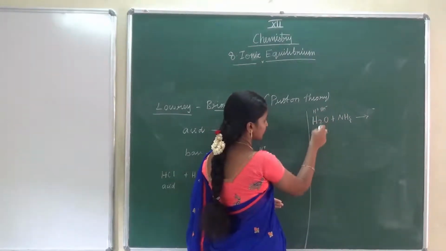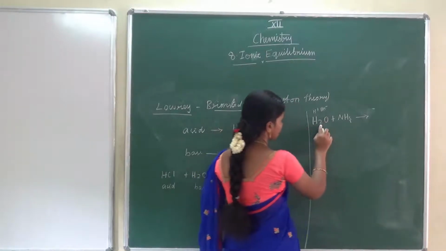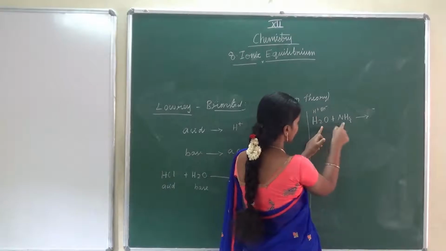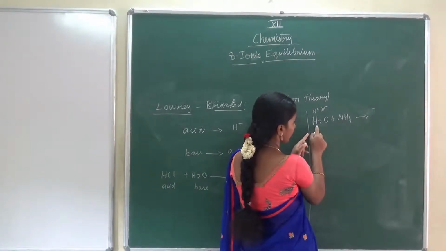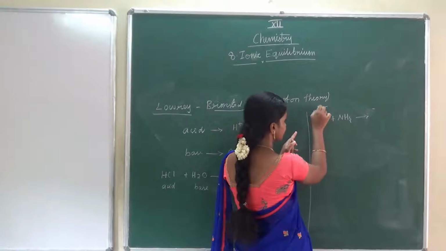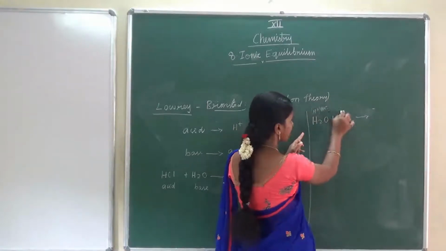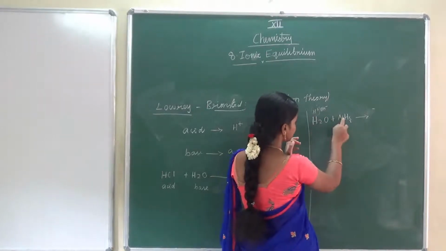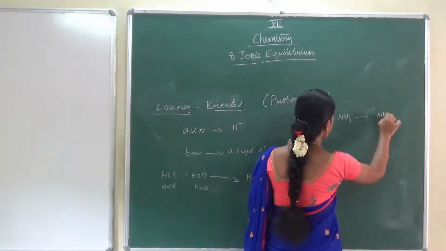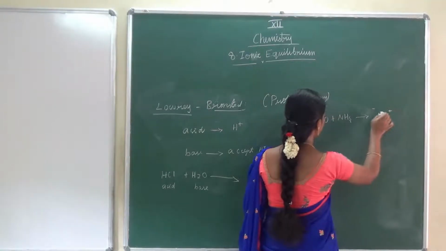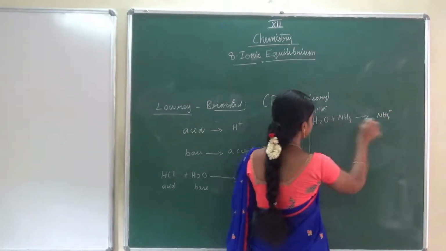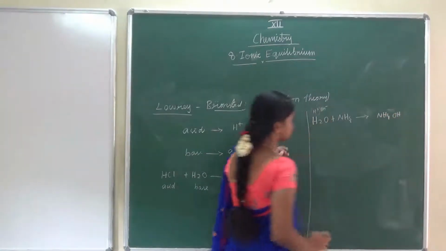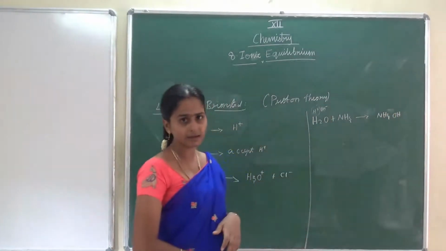When it releases H plus, OH minus alone is there. This H plus, ammonia is going to get. Water is releasing H plus, ammonia is going to accept that H plus. So when it accepts this H plus, it will become NH4 plus and OH minus is there. So NH4OH, ammonium hydroxide, we will get.